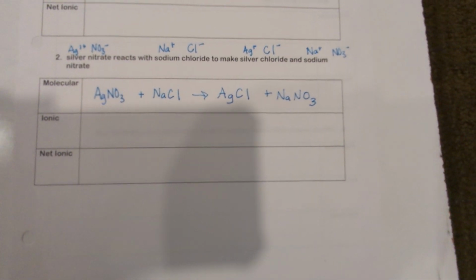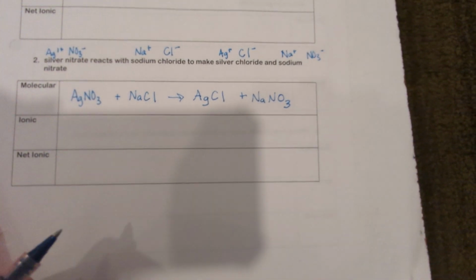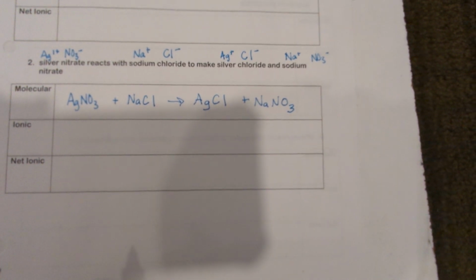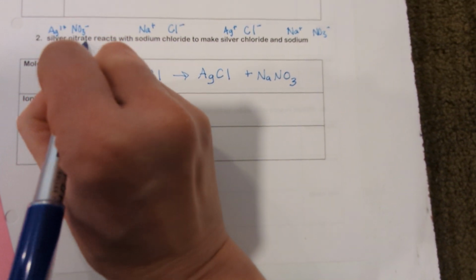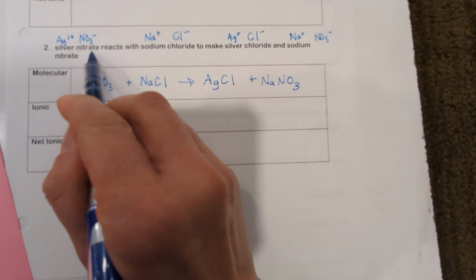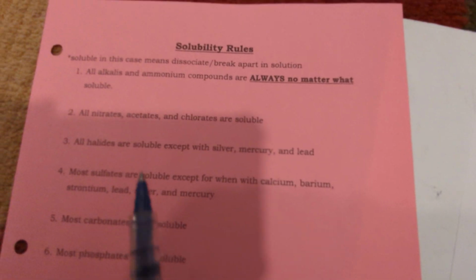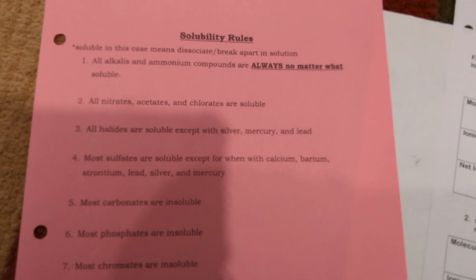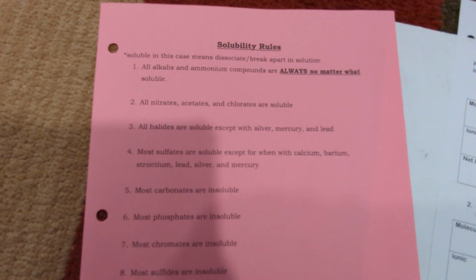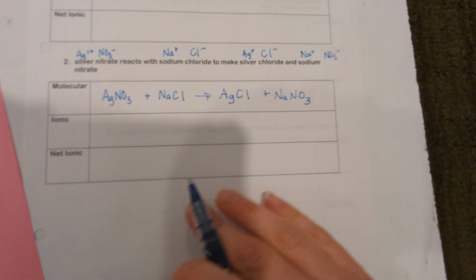Then you look at your solubility rules or your chart and you see what is aqueous and what is solid. I know that whenever we have nitrates, nitrates are always soluble. So I don't even have to think about that.